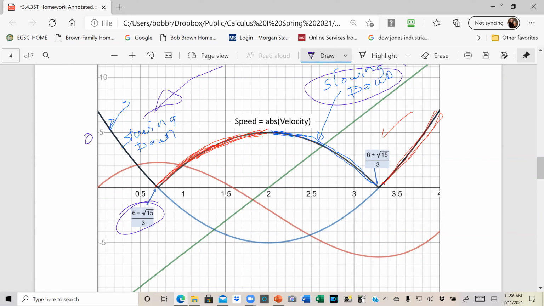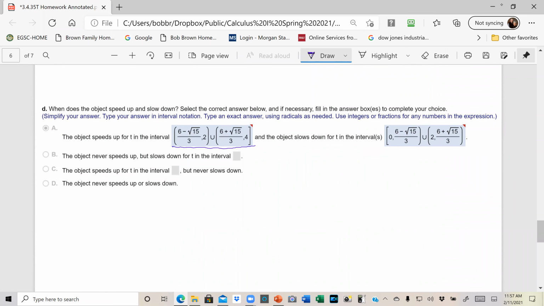So just referring to that, it speeds up over two different intervals: from 6 minus the square root of 15 over 3 to 2, union with 6 plus the square root of 15 over 3 up to 4.